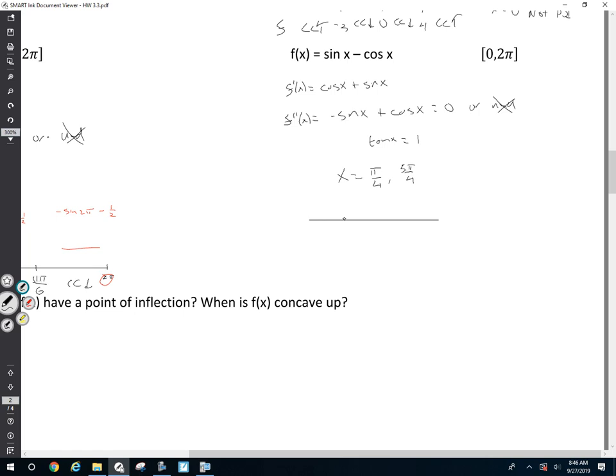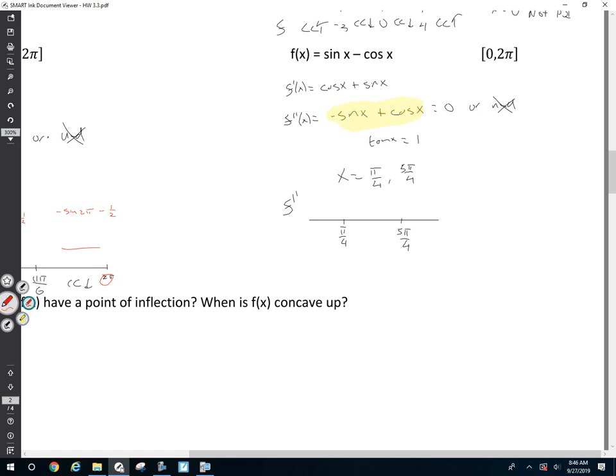So, looking at pi over 4 and 5 pi over 4, we'll be able to see if our concavity changes. It will. Again, easy values to use that you need to practice using, and you're plugging them into our second derivative, are like the extremes.